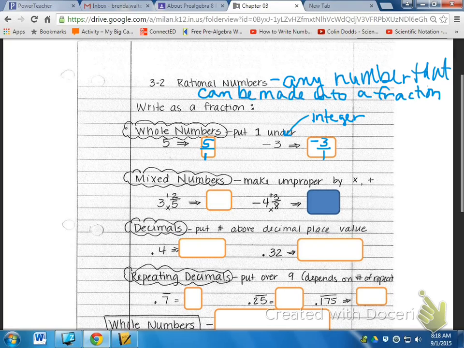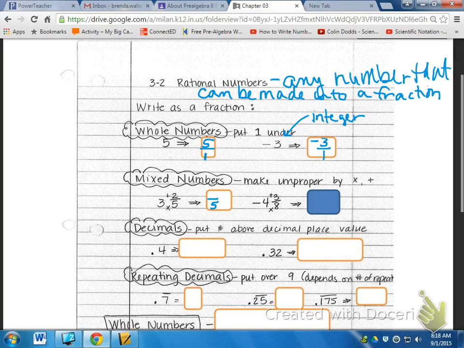Mixed numbers, you need to make them improper, and it's that little trick where you multiply the denominator times the whole part and add the numerator. So 3 and 2/5, well, first of all, the denominator is going to be 5. That never changes.